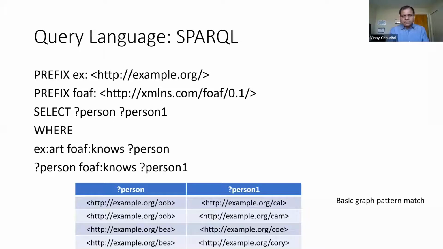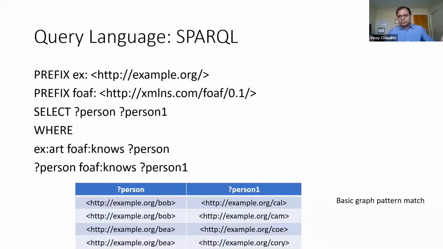In this query, I'm showing that just like we were able to use abbreviations or prefixes in defining the RDF data, we can also use prefixes in posing the queries. In this slide, we've defined the abbreviations for EX and FOAF, and once we've defined those, we can state the query a little more compactly.